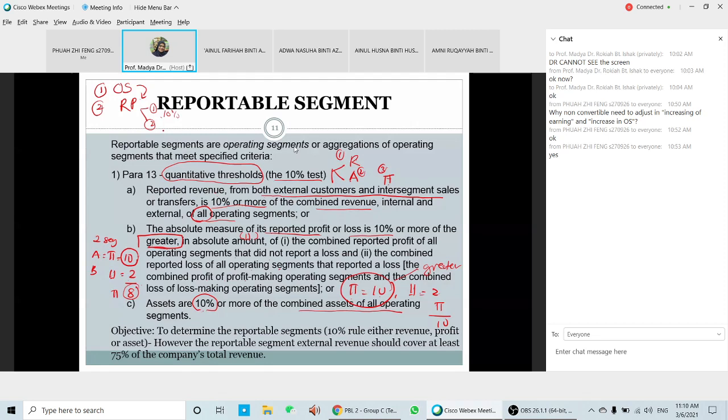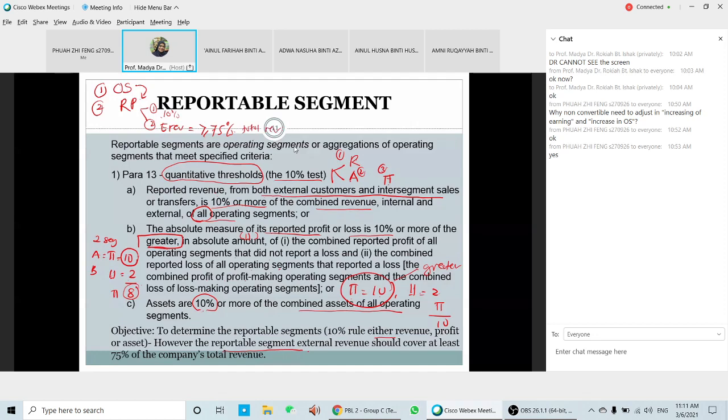The second criteria, to determine the reportable segment: external revenue should cover at least 75% of the company's total revenue.